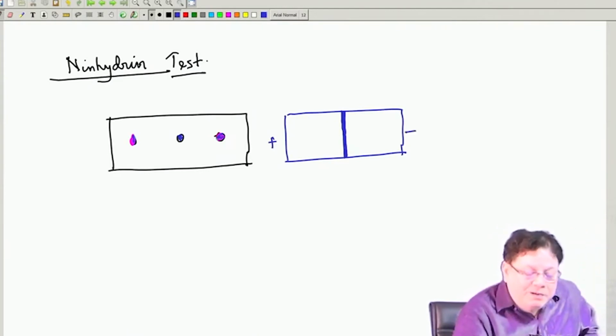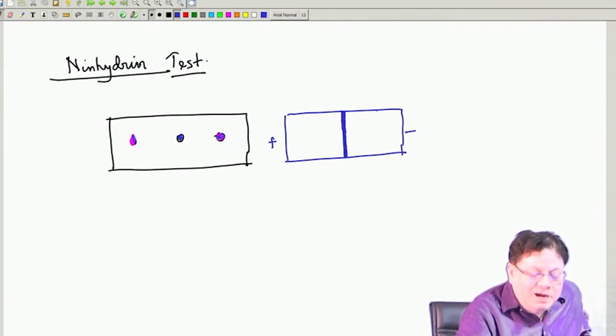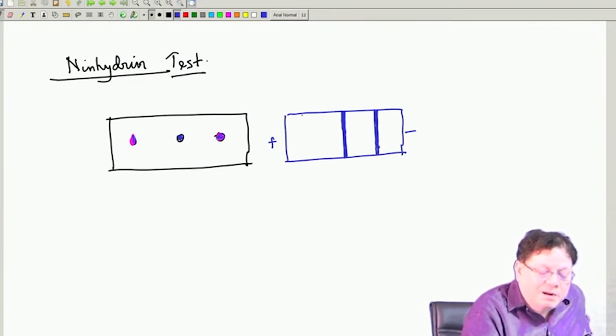So, now what will happen? Alanine will remain here. I am taking the same example like earlier, and there will be glycine somewhere here and aspartic acid, depending on the mobility, as I said.